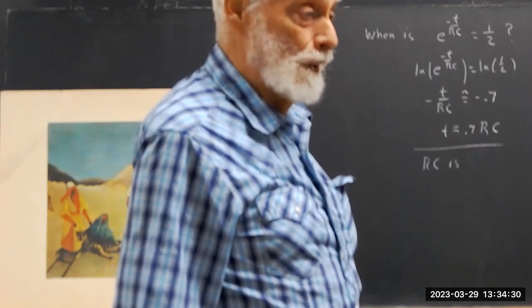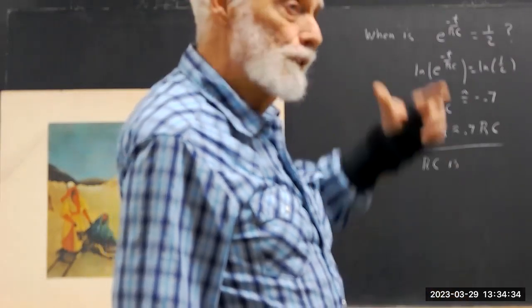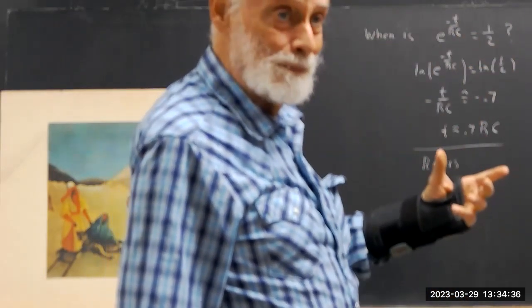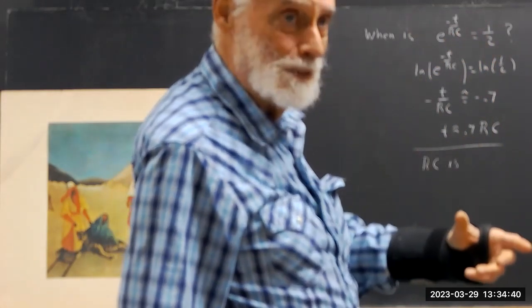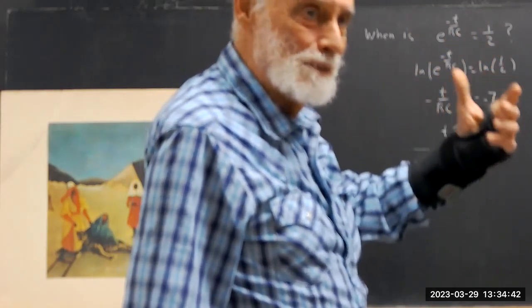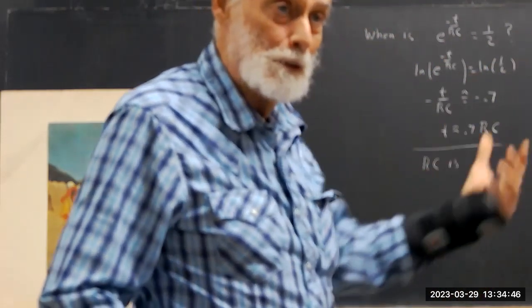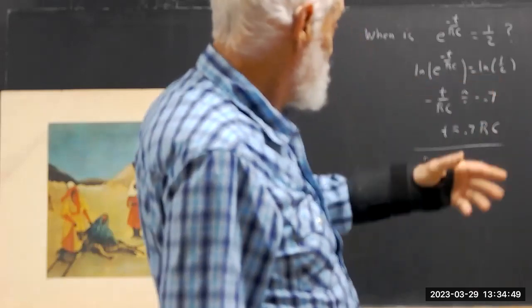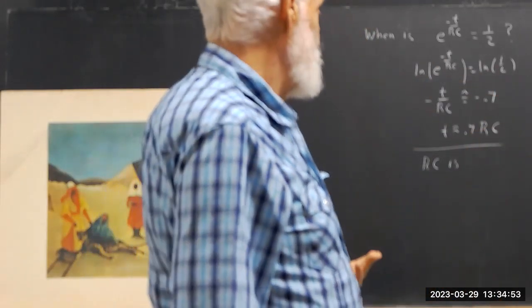It's voltage over current, which is joules per coulomb over coulombs per second.